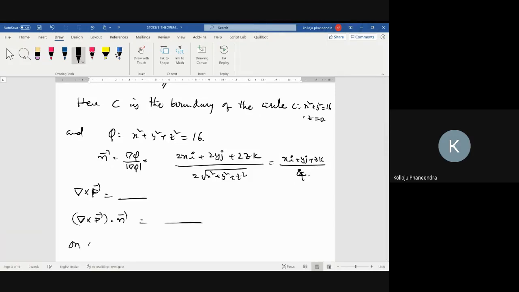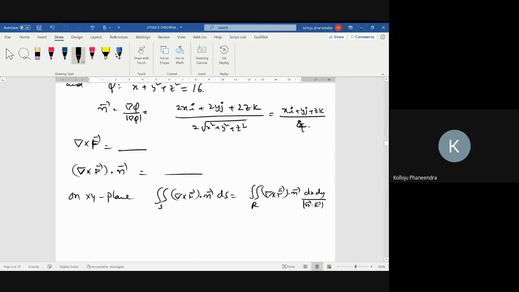Next, on the xy plane, what will you get? Del cross f bar dot n bar ds is nothing but the double integral over R of del cross f bar dot n bar dx dy by n bar dot k bar. Apply this. And what is R?